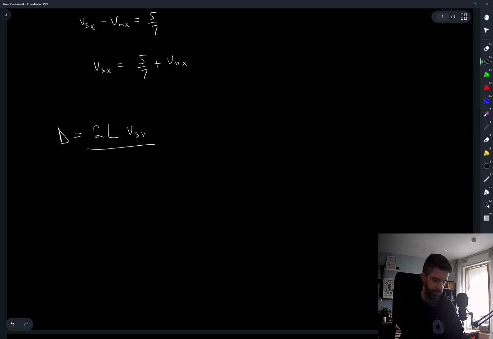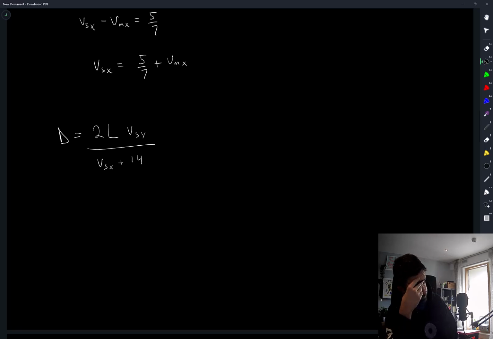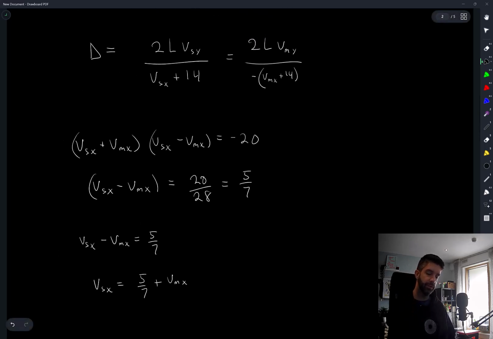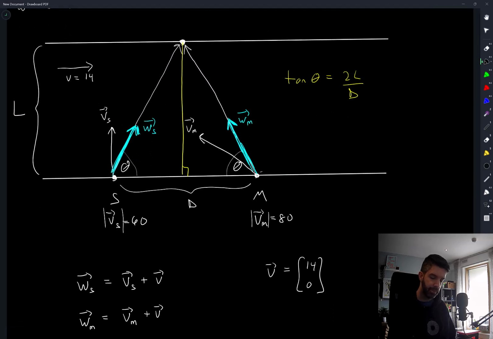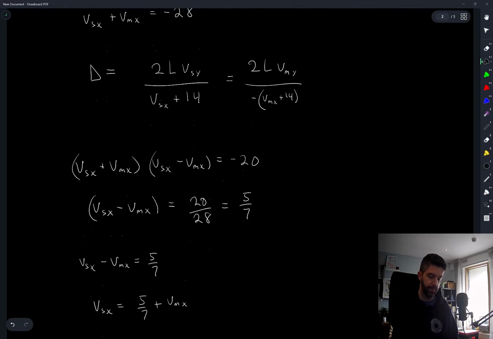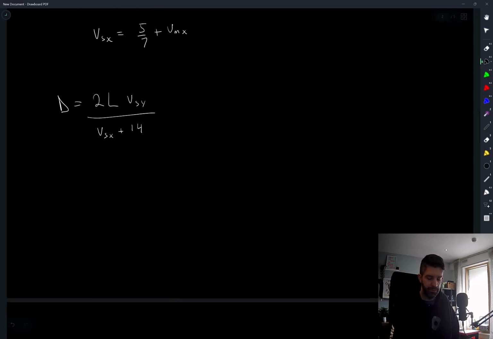Vsx plus 14. If I do something like, so they each travel a distance of d over 2 horizontally and a vertical distance of L, and I know the time, I can just equate the time of travel.